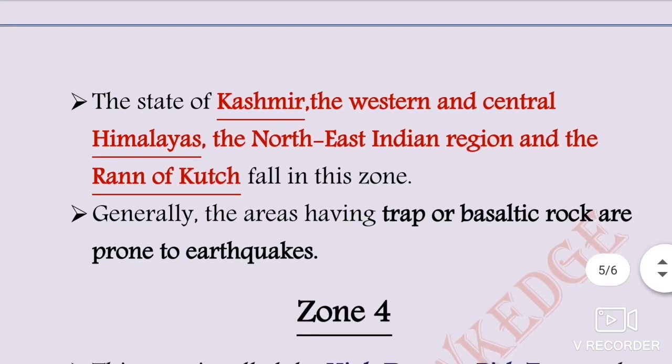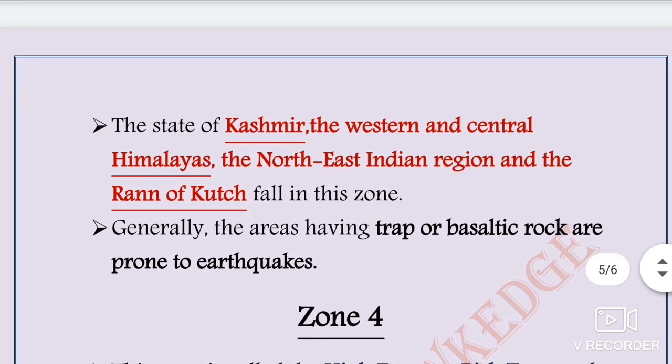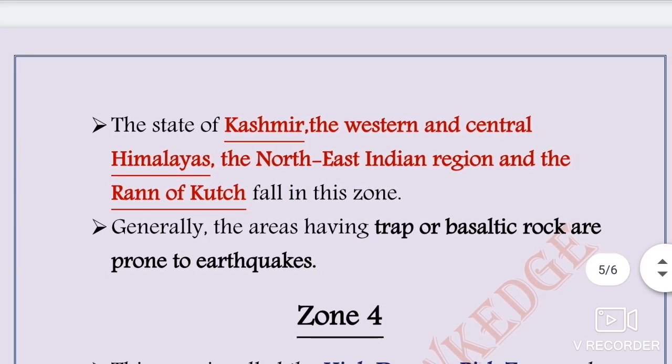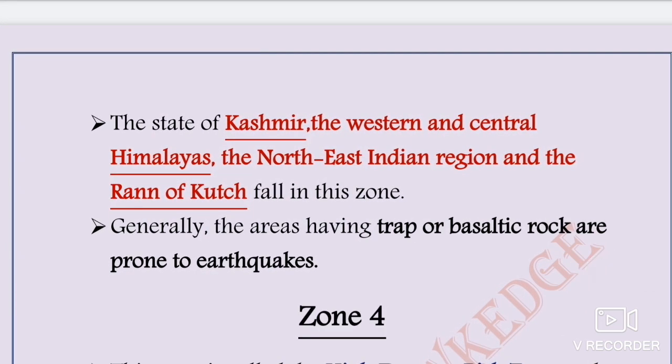And which areas or which states does zone 5 cover? So the state of Kashmir, the western and the central Himalaya, the northeast part of India, and the Rann of Kutch. So these three parts: the Kashmir Valley, the western and the central part of the Himalaya, the northeast Indian states, and the Kutch region, the Rann of Kutch especially.